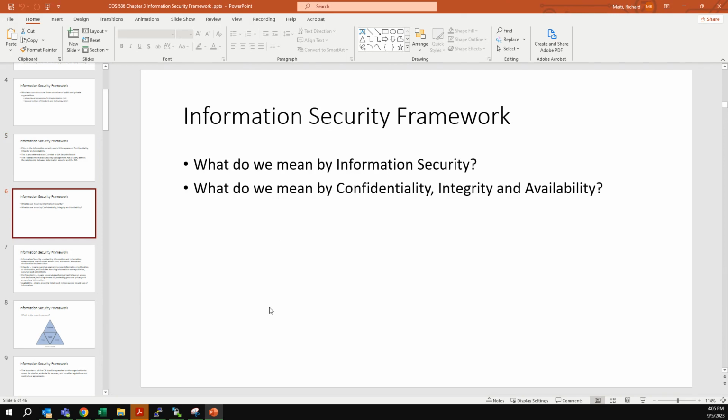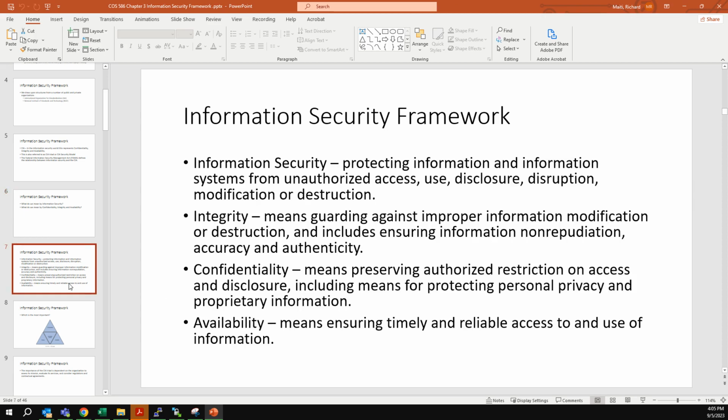So what do we mean by information security? What do we mean by confidentiality, integrity, and availability? Information security means protecting information and information systems from unauthorized access, use, disclosure, disruption, modification, or destruction.